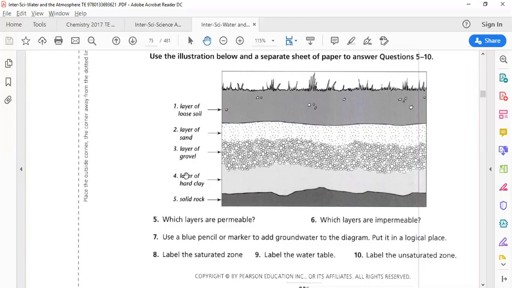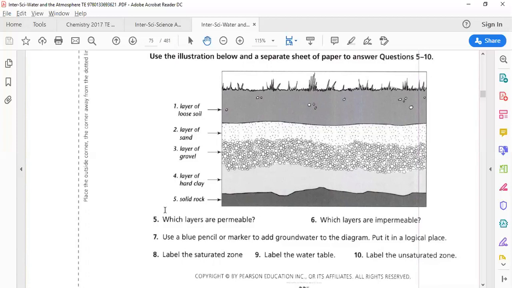So the water will seep between layers number one, two, and three in order to get down. And by getting down, it will get to the layer of hard clay and the layer of solid rock. The hard clay will start to absorb the water between the spaces. Layers 4 and 5 will be impermeable layers, and the top of the layer of hard clay will be the water table.